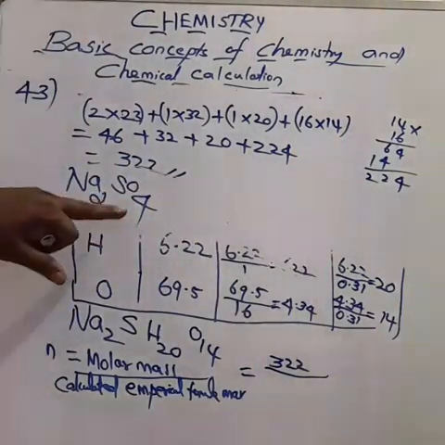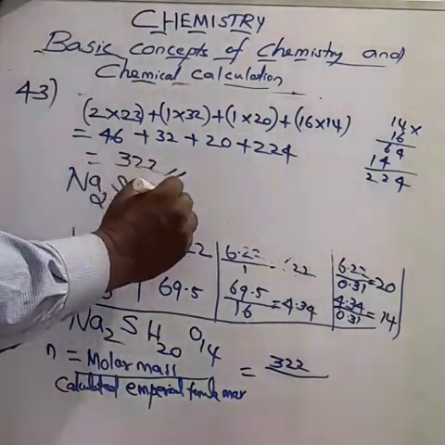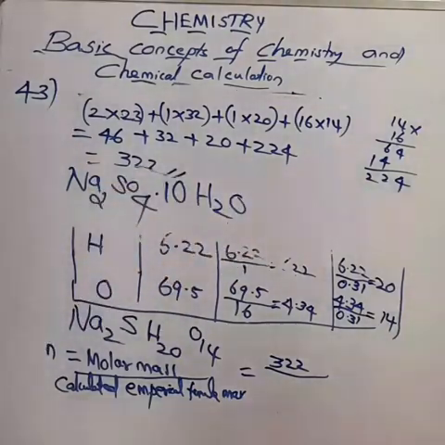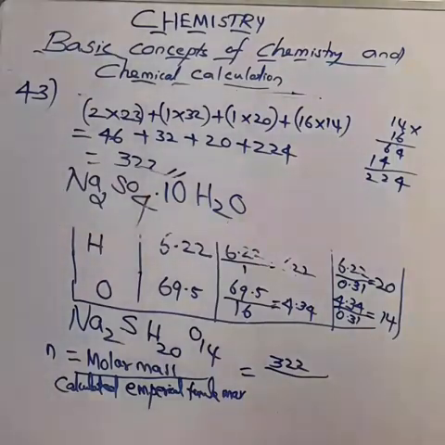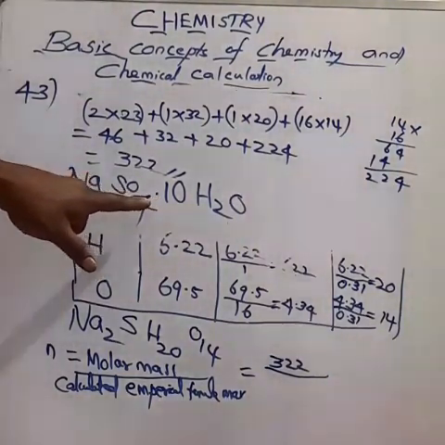Na2SO4. Na2SO4, sodium sulfate with 10 molecules of water. So what is the molecular formula here? The molecular formula of this compound is sodium sulfate, that is Na2SO4 10H2O.